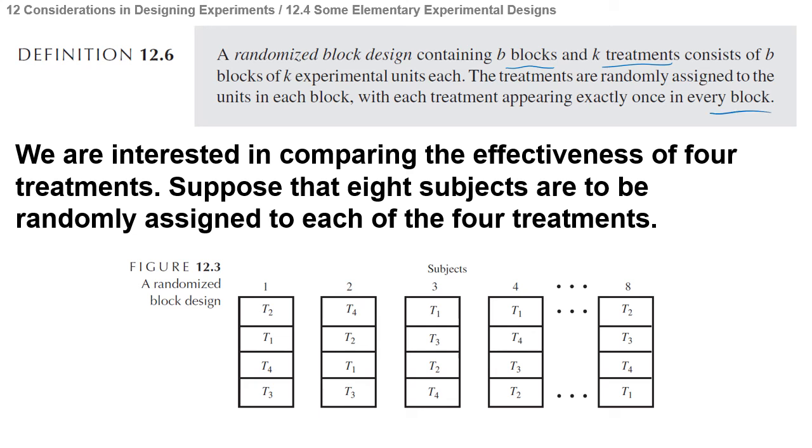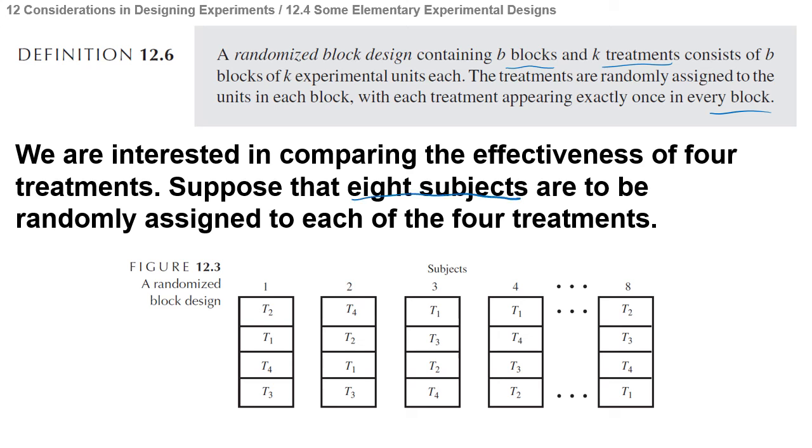So what this means, I will give you an example. We are interested in comparing the effectiveness of 4 treatments. Suppose that 8 subjects are to be randomly assigned to each of the 4 treatments. So here, let's say these 8 subjects are 8 patients.